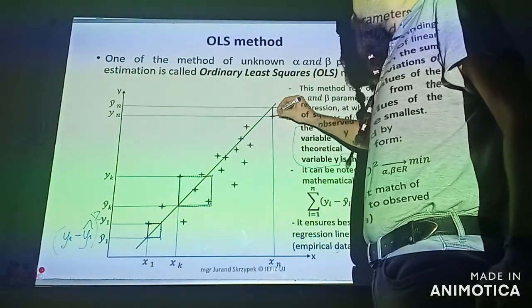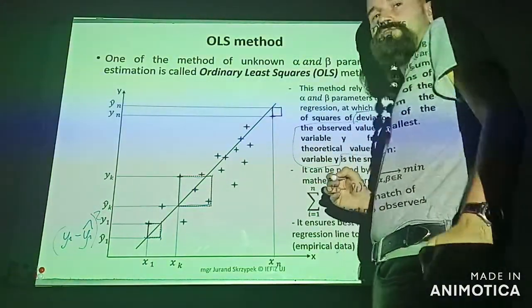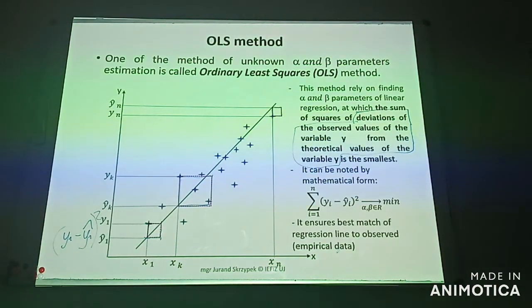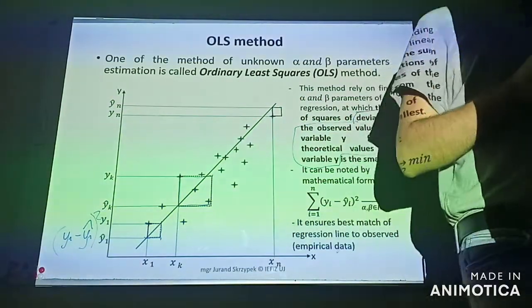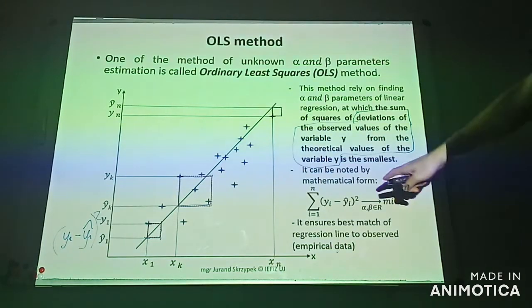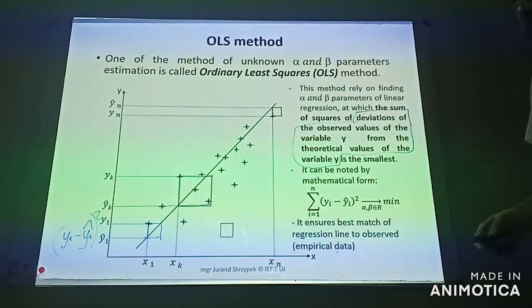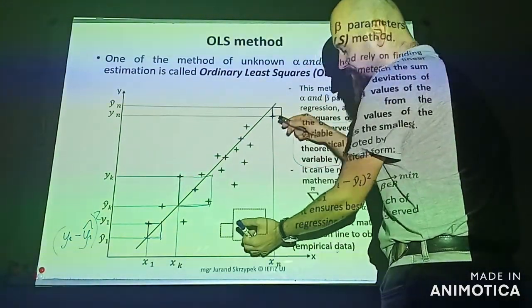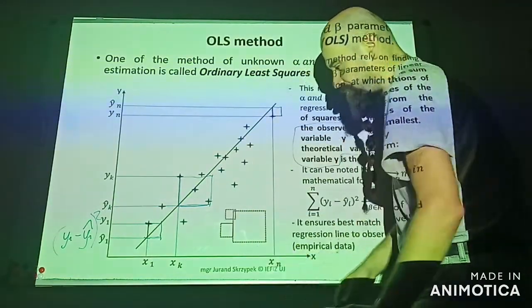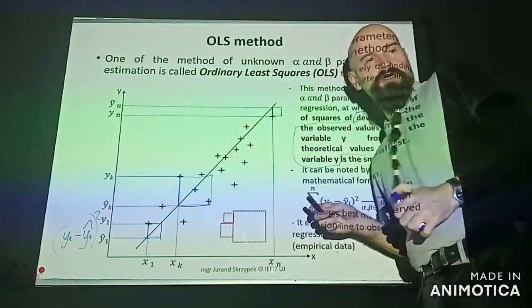And here we have the last deviation. This deviation here is negative, but of course a square is always equal to 0 or higher. And the next step, as you can see here, is to sum up all the squares. So we combine all squares together.